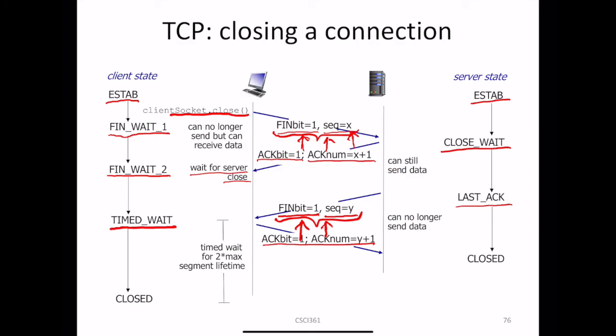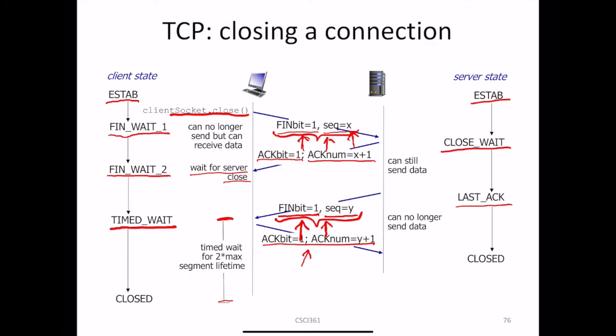And also, the client side will wait for 2 times the maximum segment lifetime because the client side will make sure this segment can be received by the server side without any problem.